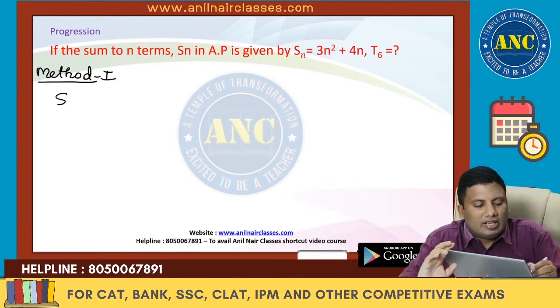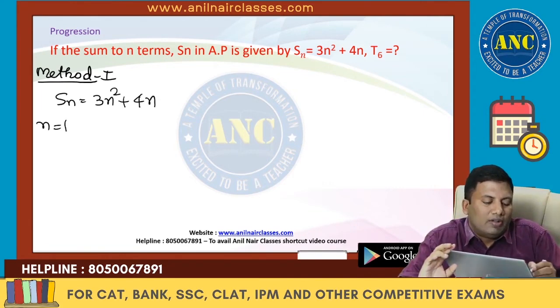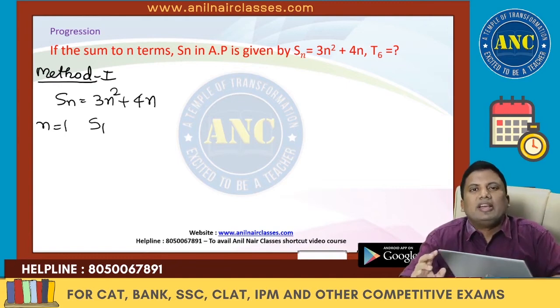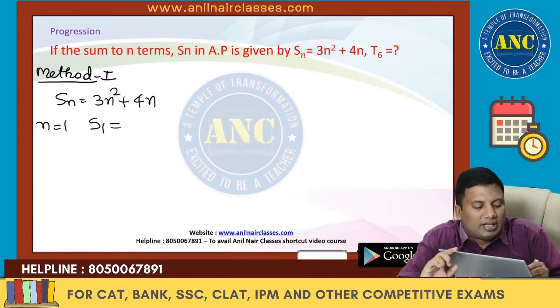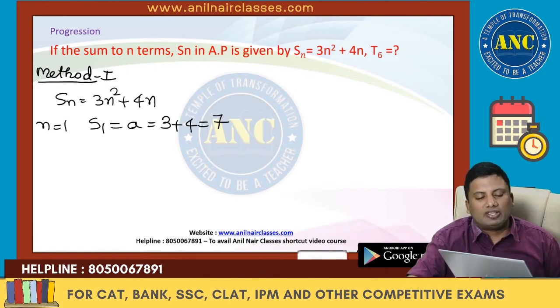Method 1: Sn is nothing but 3n square plus 4n. If I put n value 1, this will become S1. S1 means sum of one term, which is nothing but A, which is 3 plus 4, which is 7.